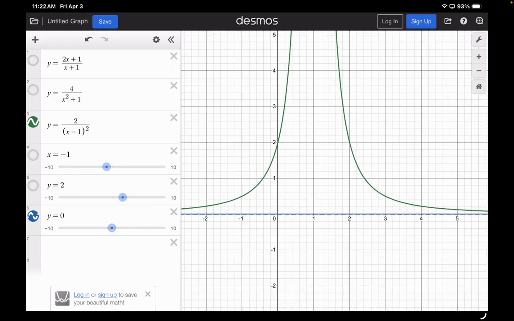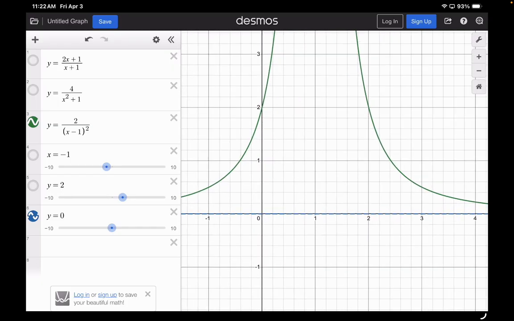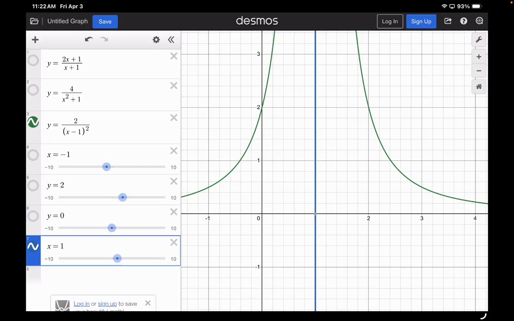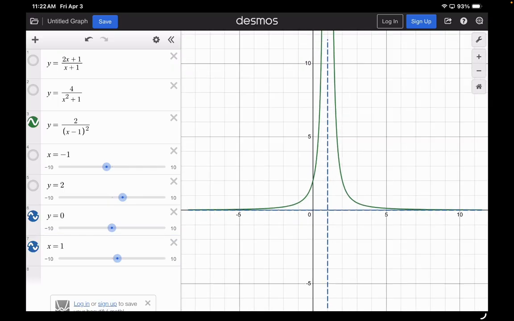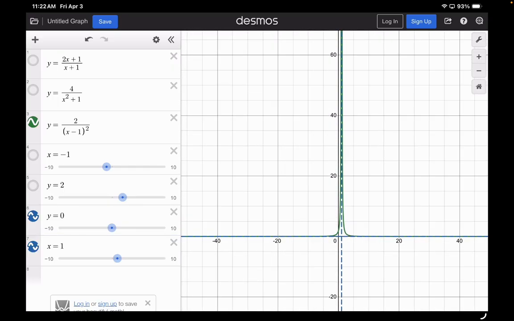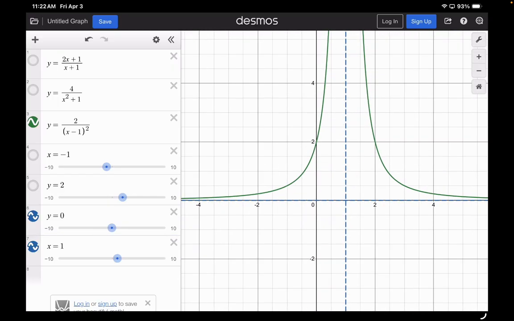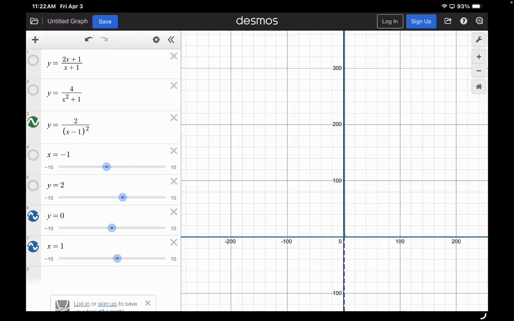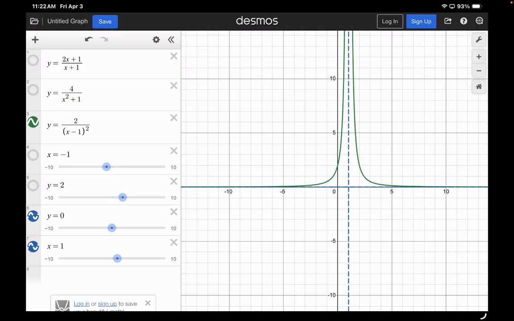It's like 1. So let's try x equals 1. I should have let you tell me that. It looks like as x is approaching 1, the graph is going to infinity on both sides.